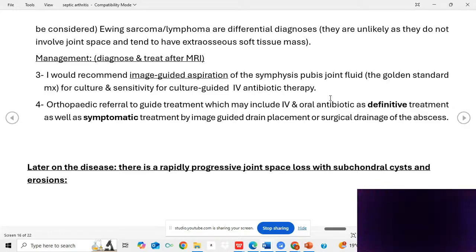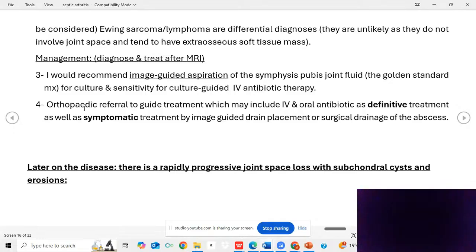This is the mainstay treatment, the antibiotics, as this is an infective process, as well as symptomatic treatment by image-guided drain placement or surgical drainage of the abscess.